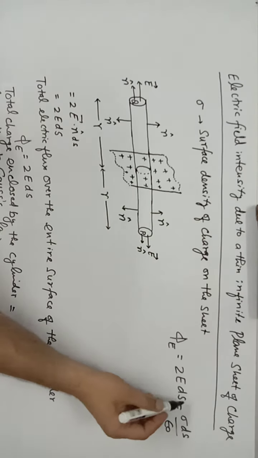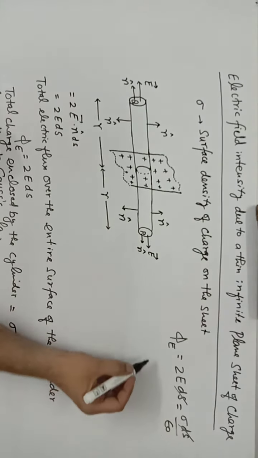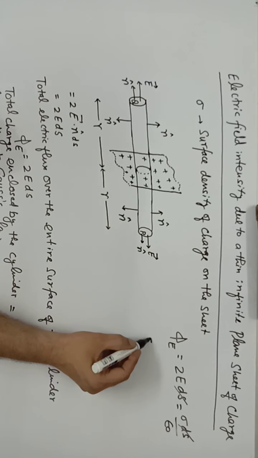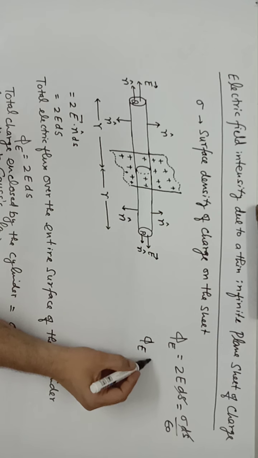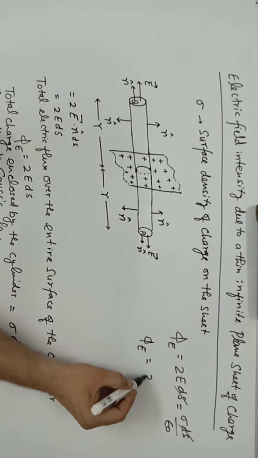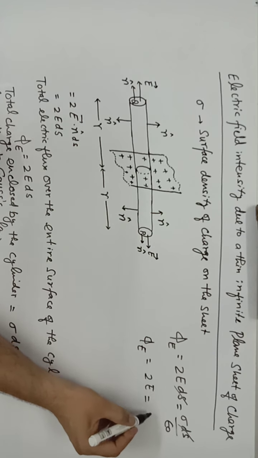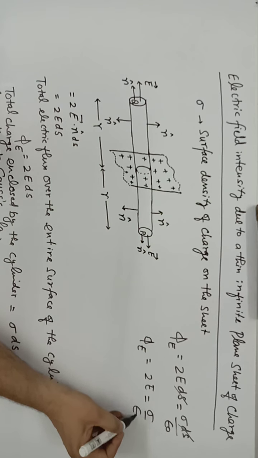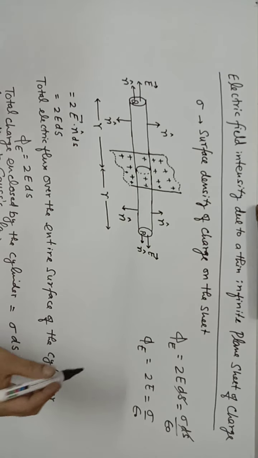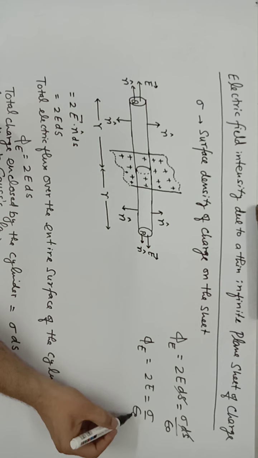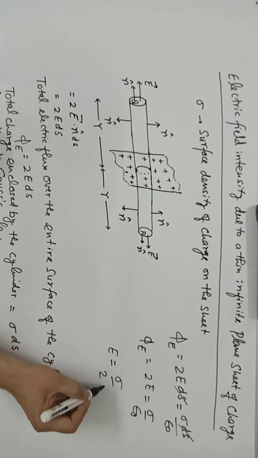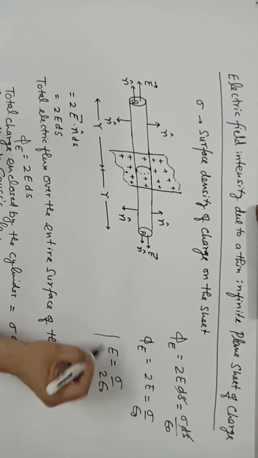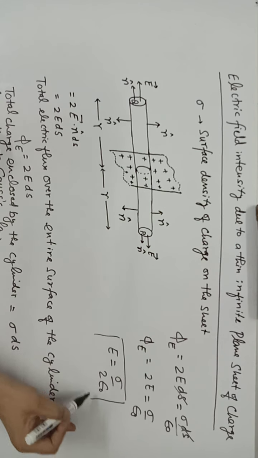ds will cancel out. So phi E is equal to 2E is equal to sigma upon epsilon naught, and the value of E is sigma upon 2 epsilon naught.